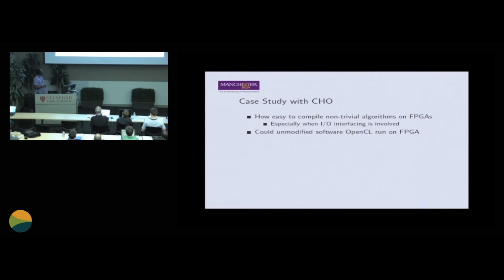Remember, we didn't modify the OpenCL code for FPGA. That wasn't the idea. The idea was to evaluate the experience. Would someone, for example, in the biology department who's doing gene matching be able to write OpenCL code for FPGA? That was the sort of thing we were looking at.